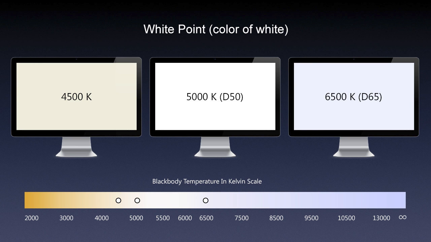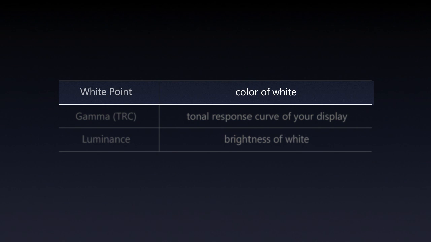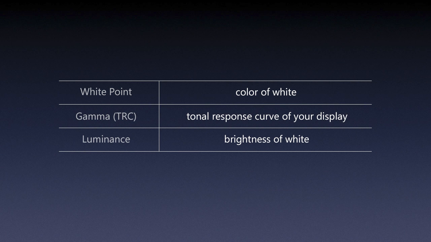So as you can see, the standards might change, and we'll talk about that more when we talk about the ambient light, which plays a significant role. So that will be the color of white, right? That's how we would think about the color of white, or the white point setting.